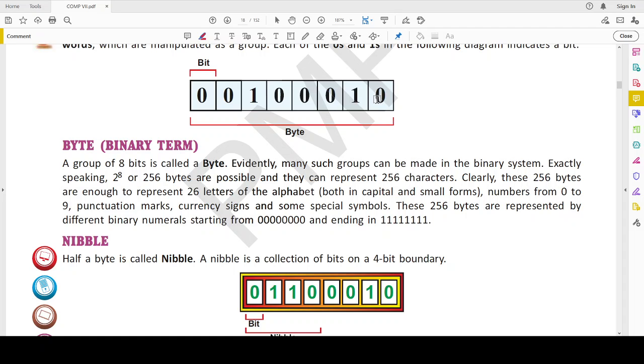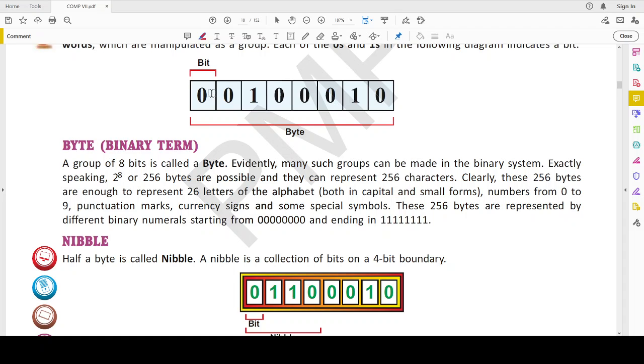You can well imagine, you can write for each place either a 0 or a 1. So for each of these two, you will get 2 into this.